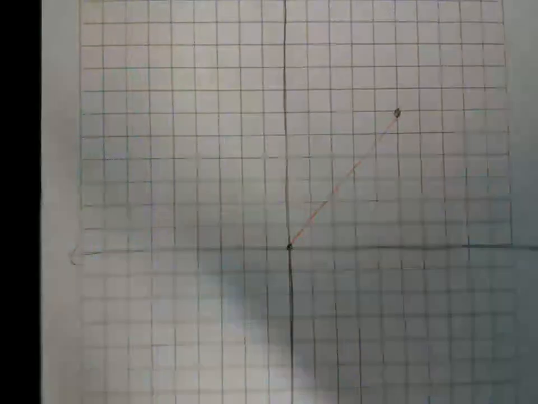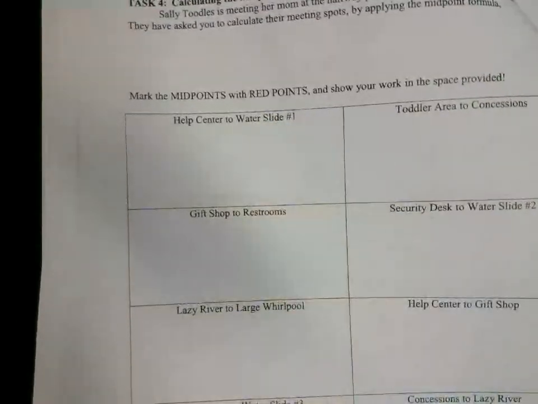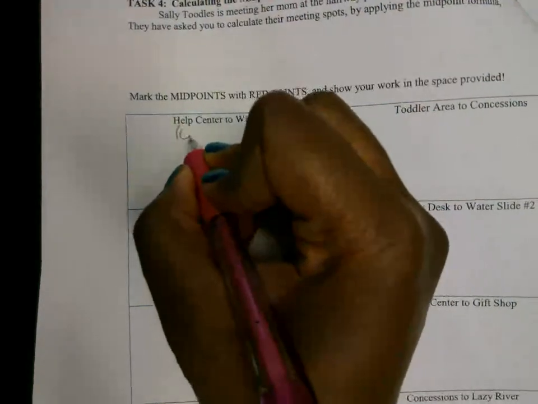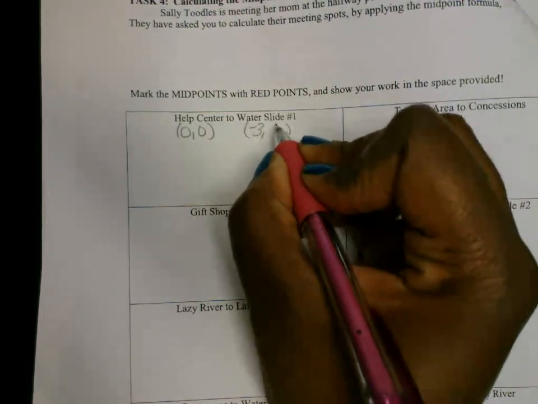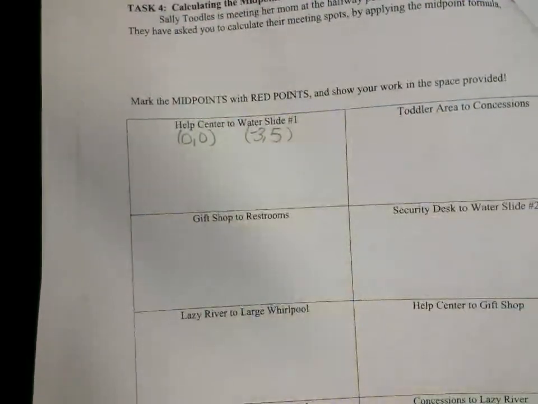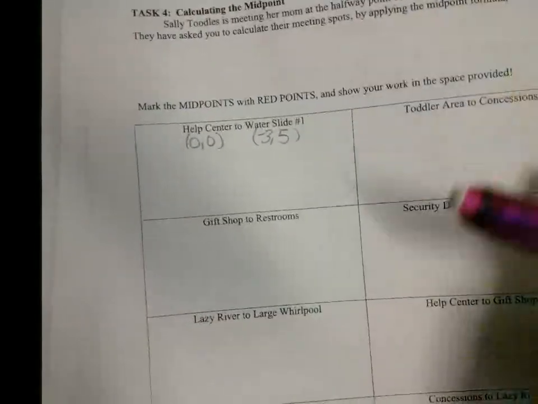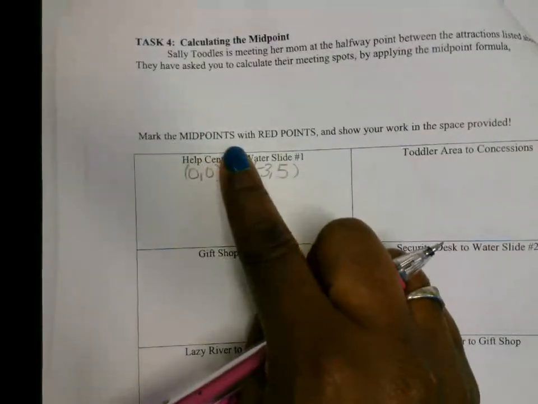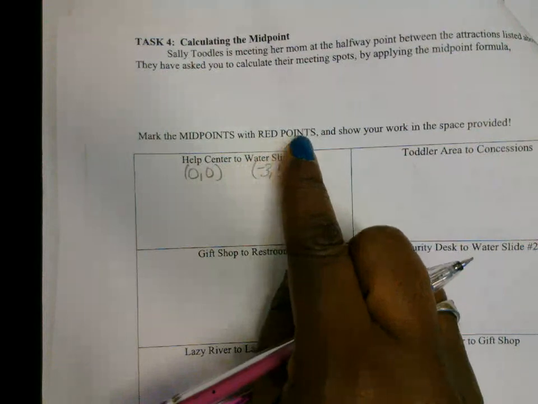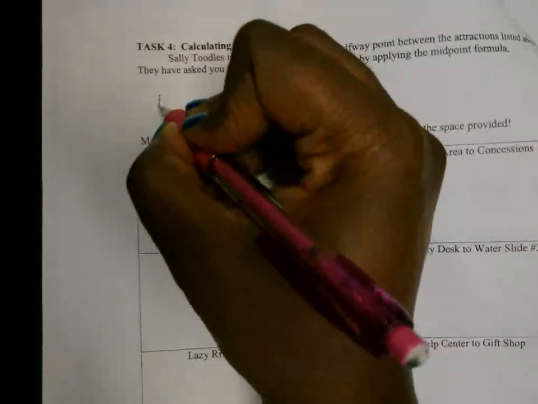Task 4. I'm finding the midpoint between these two points. So I'm going to list again. My help center is at (0, 0), and let's suppose that my water slide is at (-3, 5). Okay, so I'm going to use the formula for midpoint. That's the point that's halfway. Okay, all right. So midpoints with red points. So I'm going to mark the midpoint. So my formula for midpoint, I'm going to write up here.